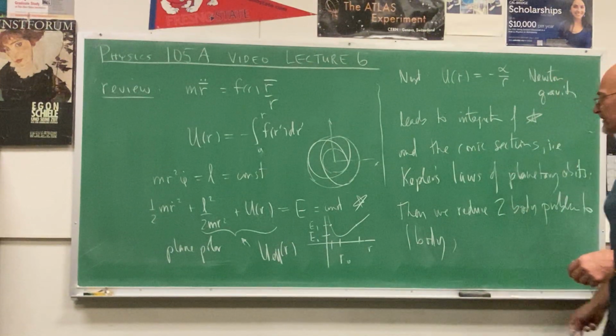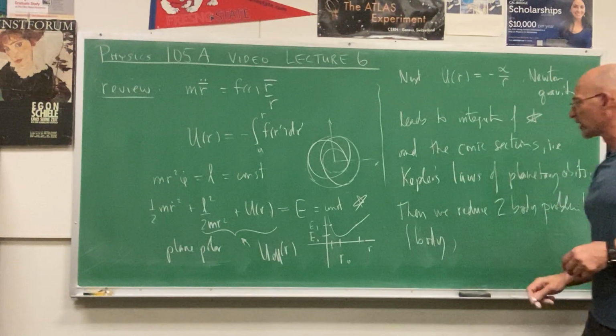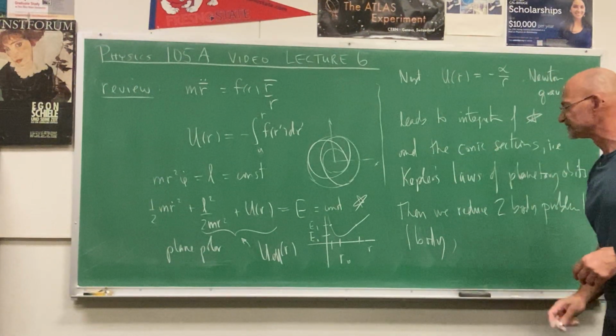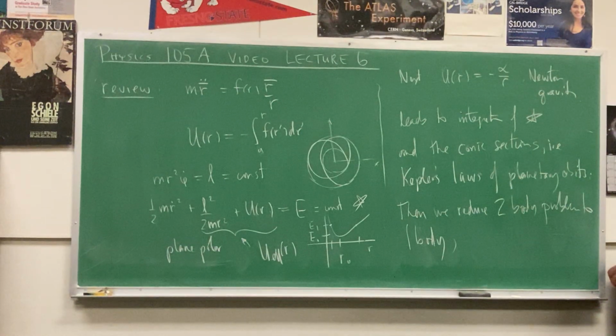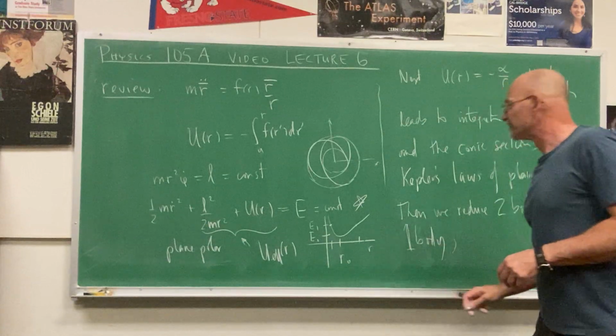Okay. So this isn't so much a detour as it is a historical catching up. I have to do it sometime, and so I'm going to do it right now. Okay, so two-body problem to one-body problem.